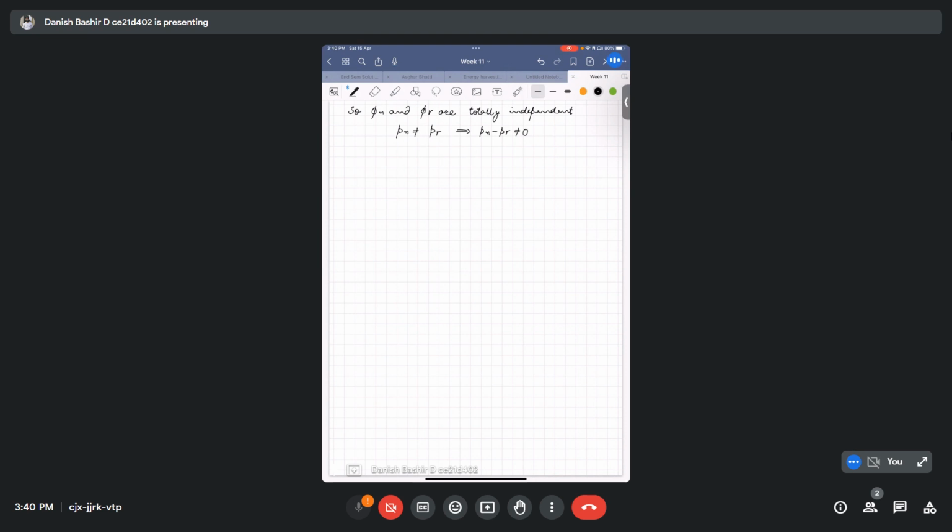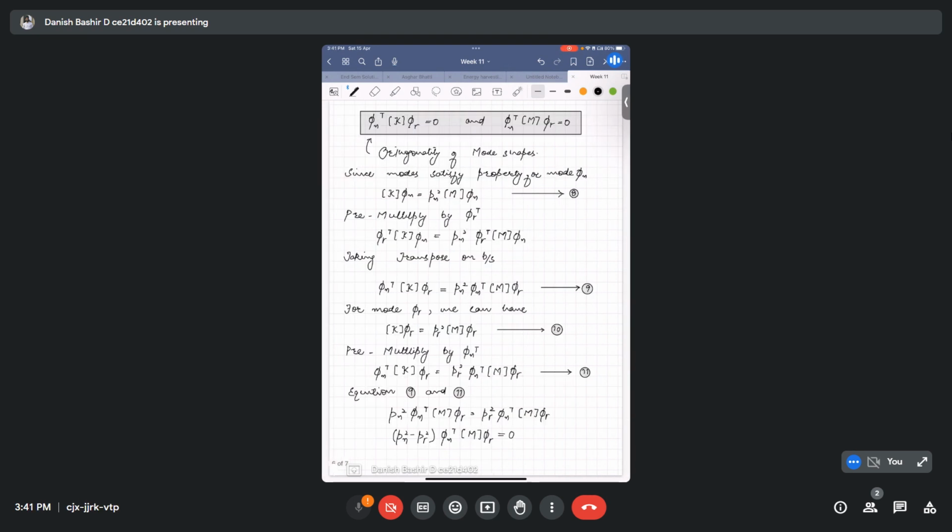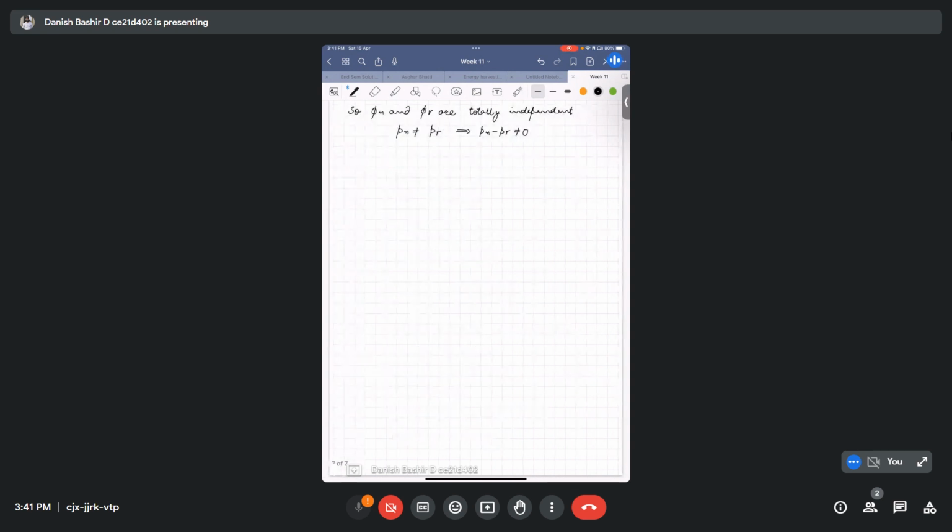So in order to satisfy this equation, we necessarily have to equate, not phi of r, but phi of n transpose m phi r, to 0.